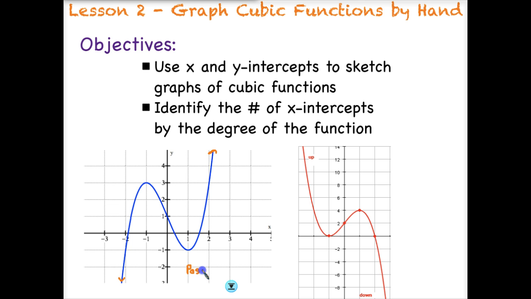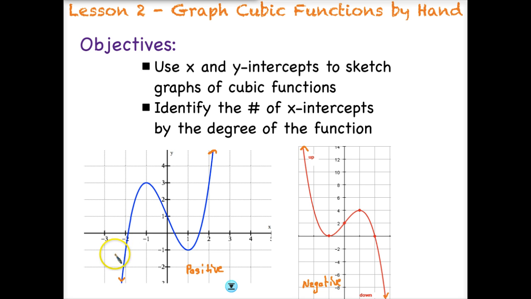So this is a positive cubic function. Whereas this one on the far right here, if we pulled these ends, so this one would go up and this one would go down, you can see then it would look like a linear function, only in a negative direction with a negative slope. So this is negative. And that's going to be important when we sketch our graphs.